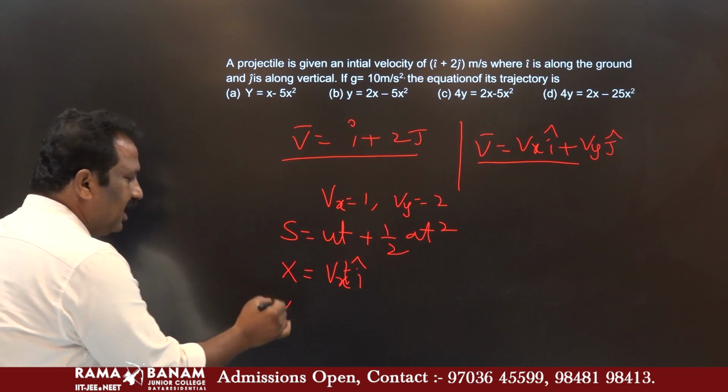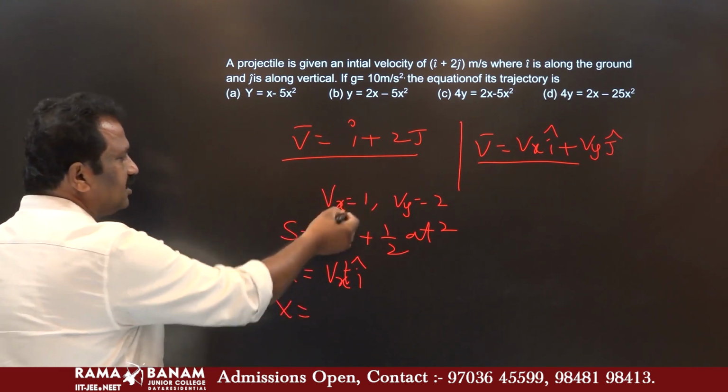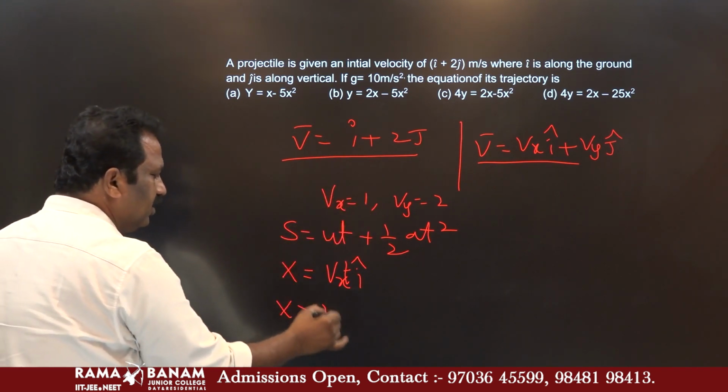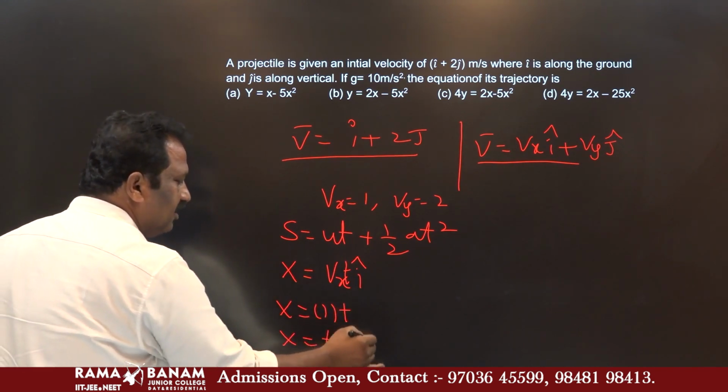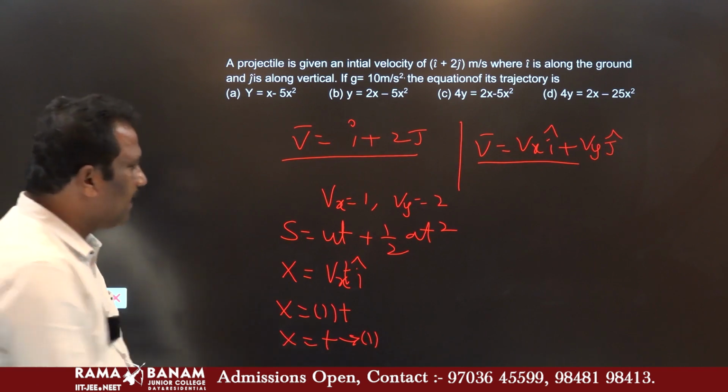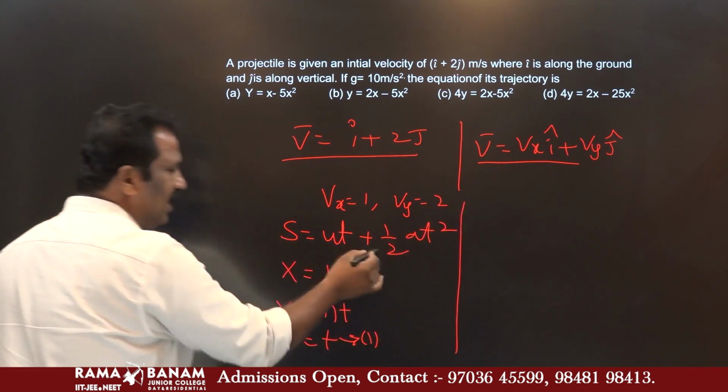So x is equal to 1 into t. Finally, x is equal to t. This is equation 1.